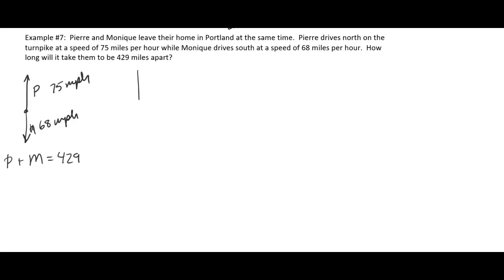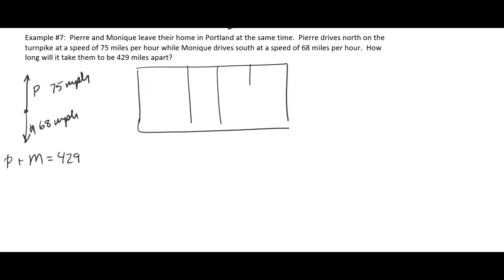Okay, so we'll take our little chart, set it up. Usually in these charts, there's two people or two trains or two things going on. We've got Pierre. And we've got Monique. Okay, their rates, we know their rates. Monique's going 68 miles an hour and Pierre's going 75 miles an hour.